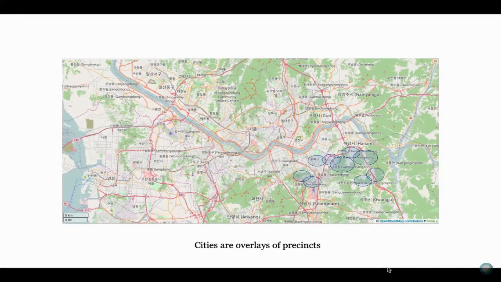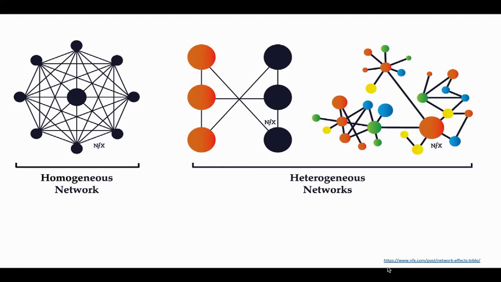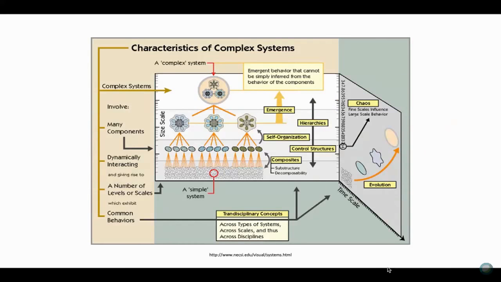This image of Seoul in Korea shows some major neighborhoods identified. Next, we think about cities, therefore, not as homogeneous networks of one system, but as an overlay of interrelated networks, heterogeneous networks perhaps, which allow you to start building neighborhoods and differentiate characters from one to the other.